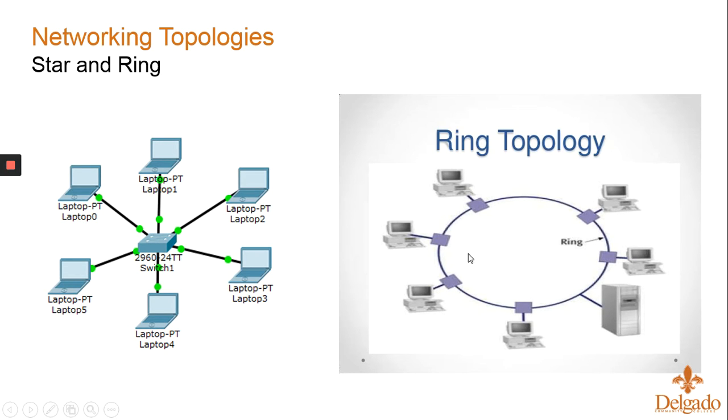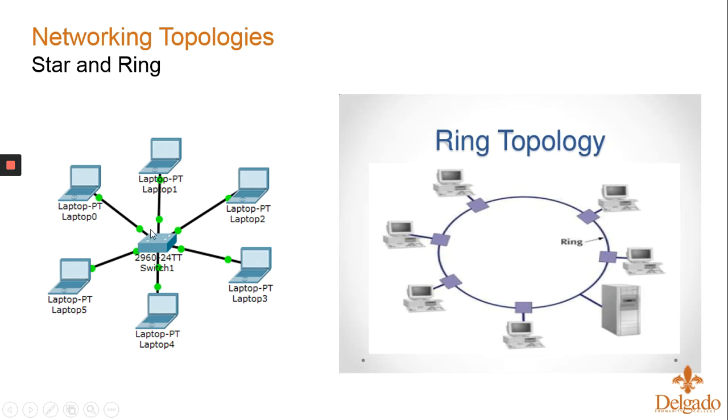Now, if I had a break here and the ring healed itself, and then I had another break here, it's not going to survive that, because now we've isolated these 3 by themselves, and we've isolated these 4 things by themselves. So that's where the ring falls down. We can tolerate a single point of failure, but we cannot tolerate 2.